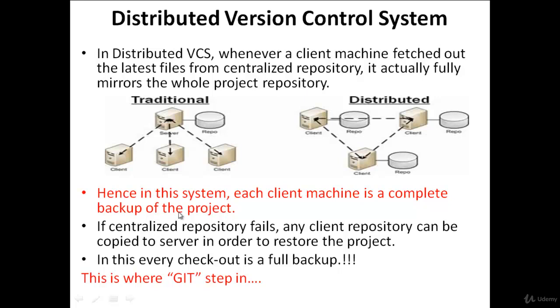So if the centralized repository fails, any client repository can be copied to the server in order to restore the entire project, right? Every checkout is a full backup of that project, and this is where Git comes into the picture.